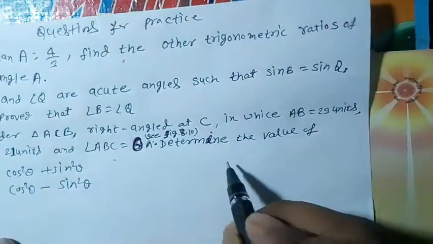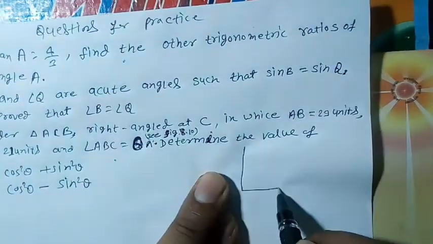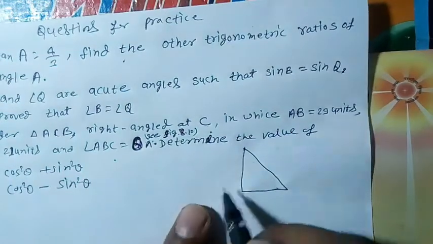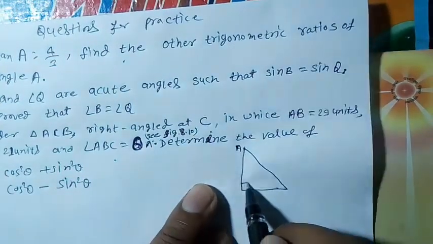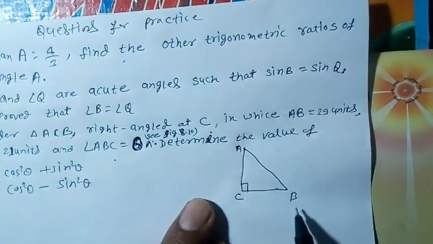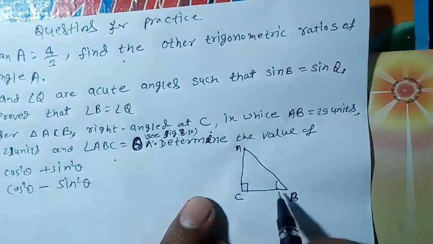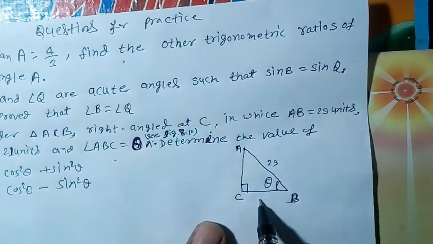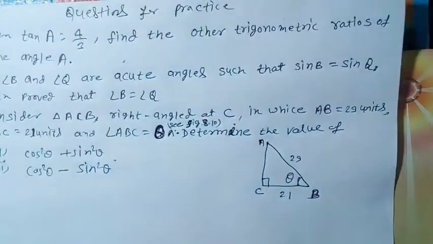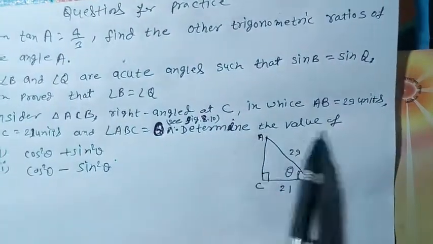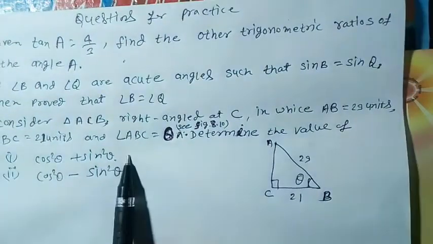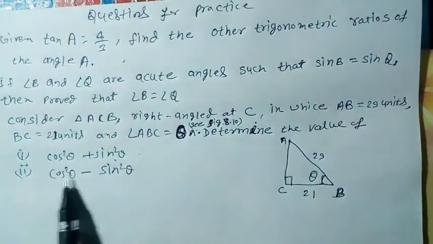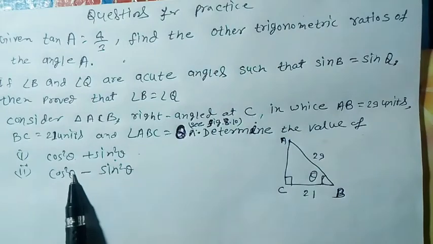See in figure 8.10, the figure is ACB. Angle B is theta. This is 29 and this is 21. Determine the value of cos square theta plus sin square theta, number 1, and number 2, cos square theta minus sin square theta.